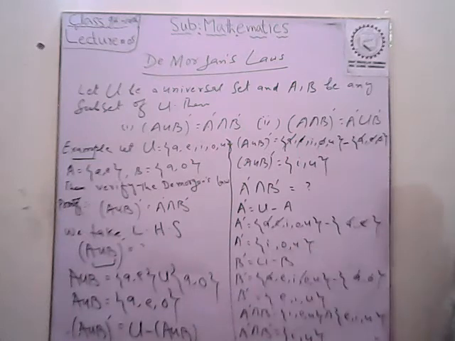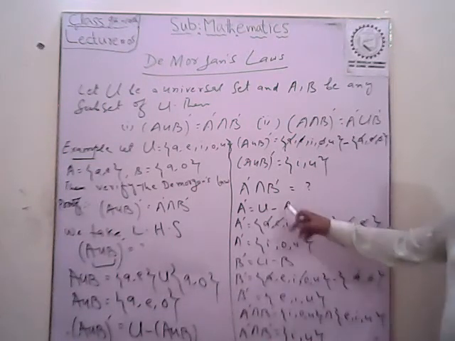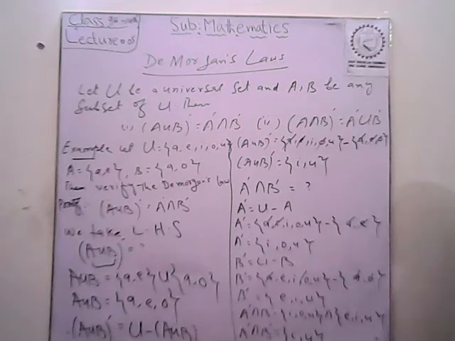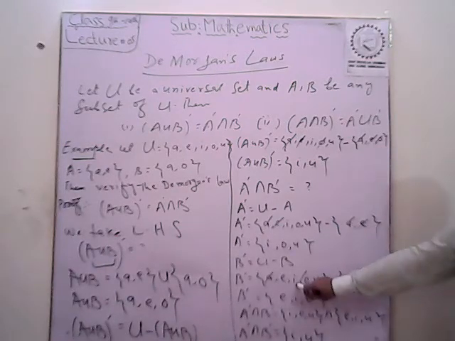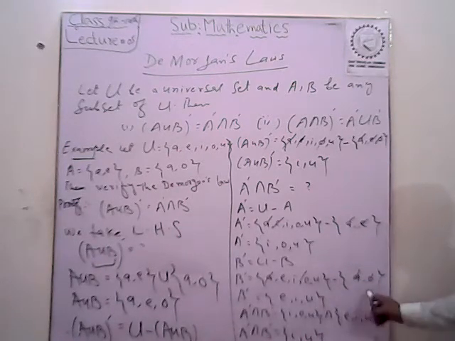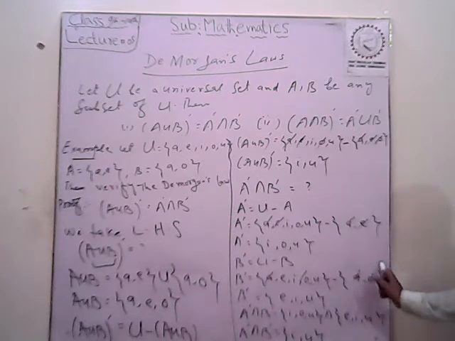Now A complement is equal to {I, O, U}. Then we also have to find B complement. B complement is equal to U minus B. U is this set, and B is this set, and A, O will cancel. B complement is equal to {E, I, U}.